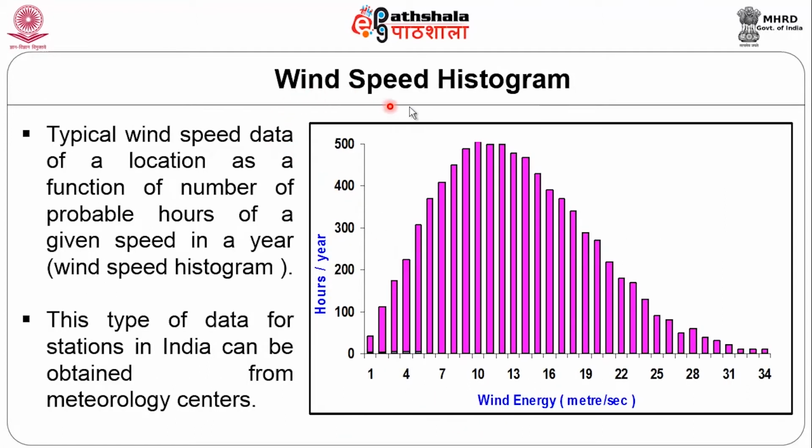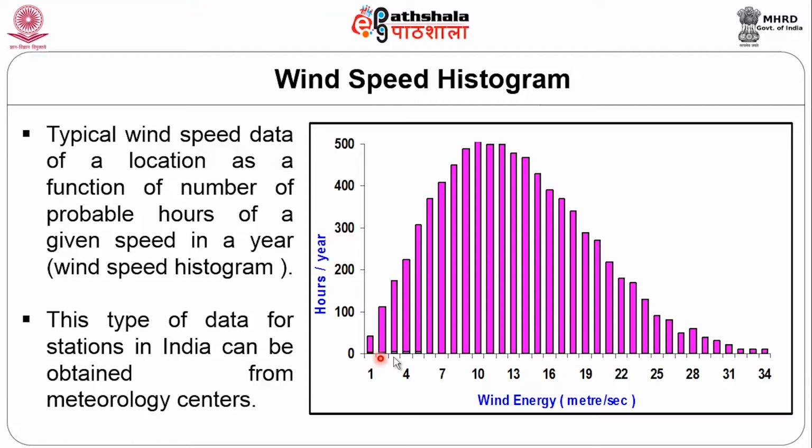And this is the wind speed histogram. Here you see the hours in a year, and here the wind speed in meters per second, from 4 meters till say 19, and this is a very good wind speed.